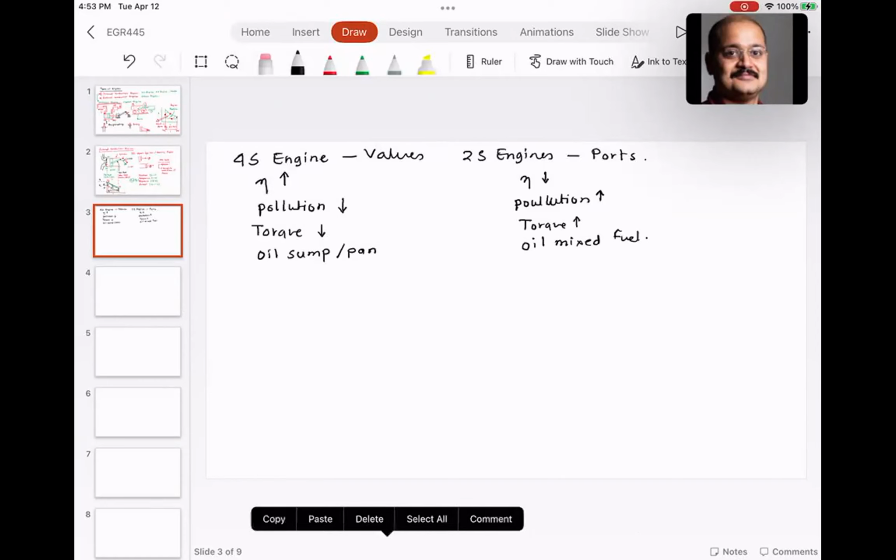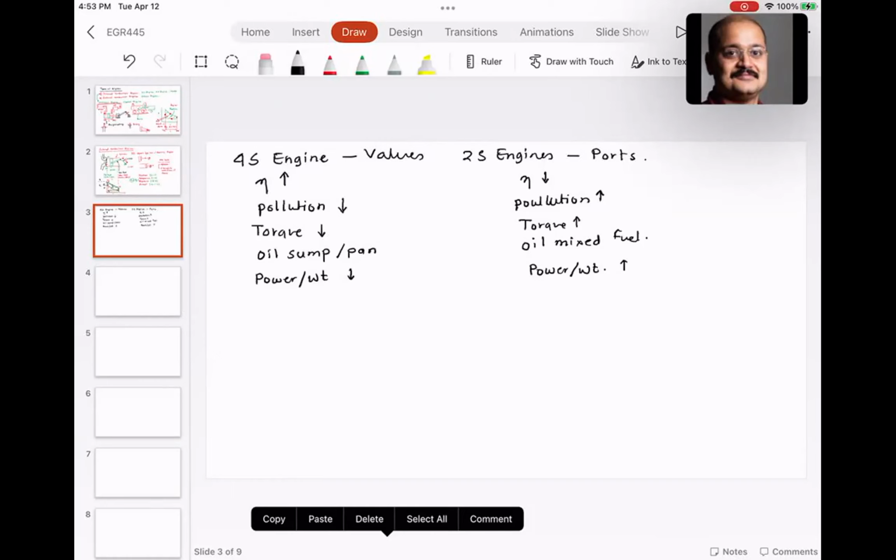Power to weight ratio for the four-stroke engine is low. Power to weight ratio for two-stroke engine is high. And the other thing is, two-stroke engines are used when you want a compact engine that is delivering more power, and four-stroke engine is used when you want a more fuel efficient engine.